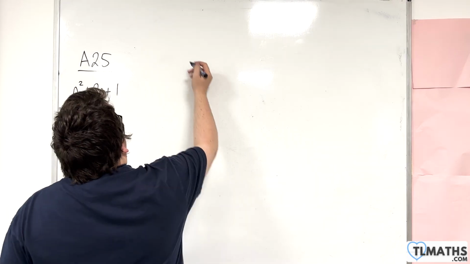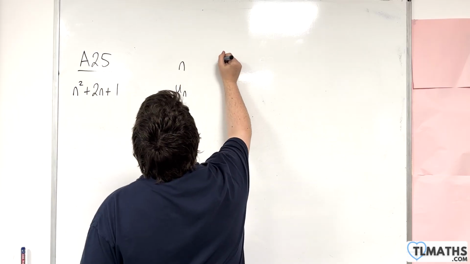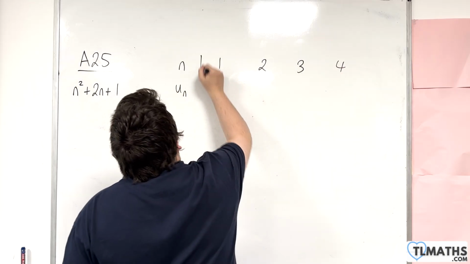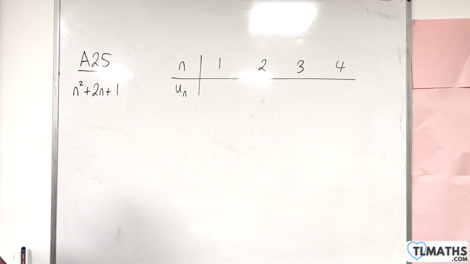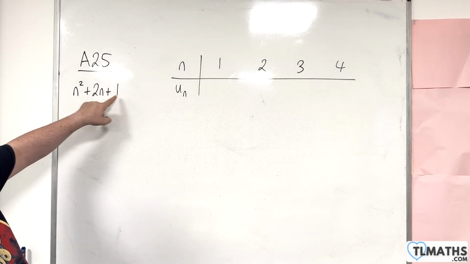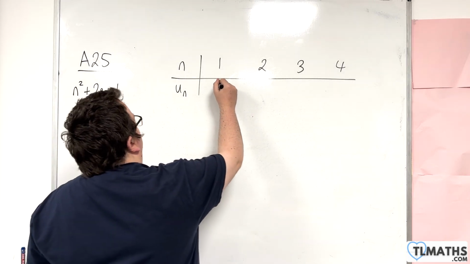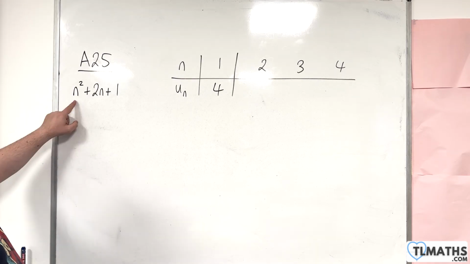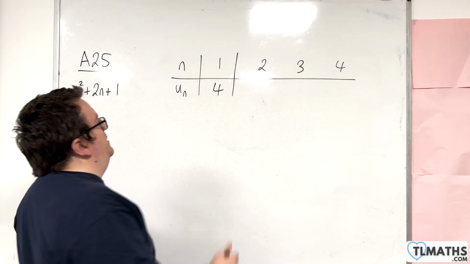Well, let's write out the first four terms, shall we? So we've got n, un, so we're going to have 1, 2, 3, 4. Okay, so when n is 1, we're going to have 1 plus 2 plus 1. So that's going to be 4. When n is 2, we're going to have 4 plus 4 plus 1, which is 9.